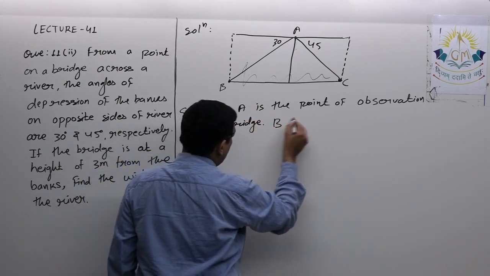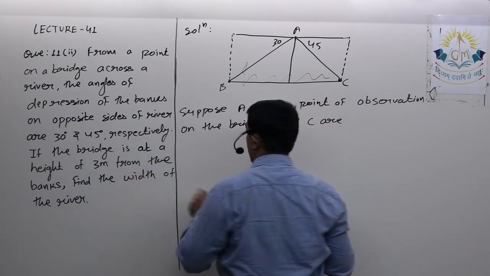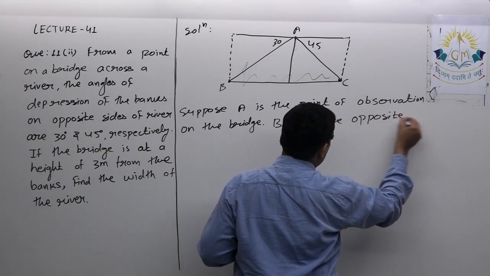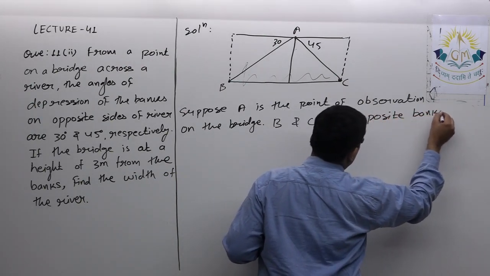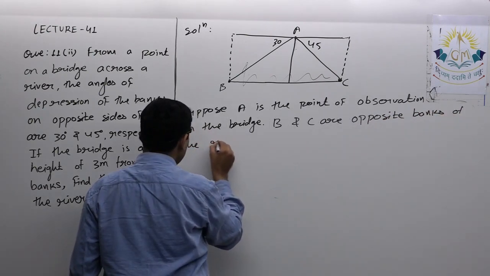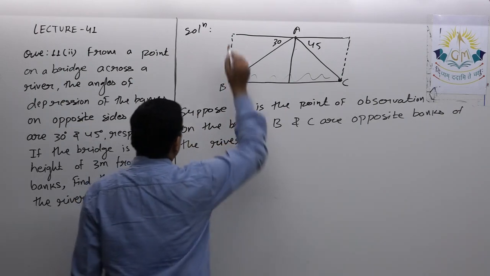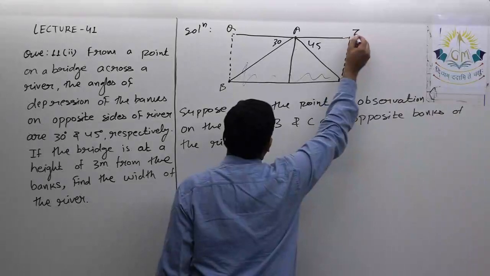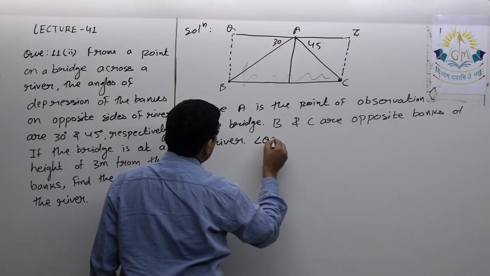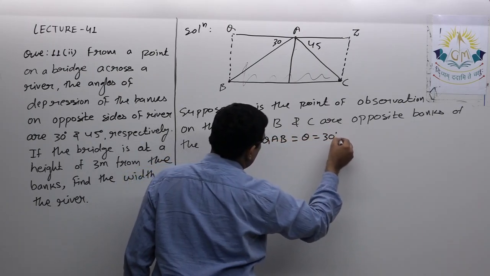B and C are the opposite banks of the river. Let this point be Q, let this point be Z. Angle QAB is equal to theta is equal to 30 degree.